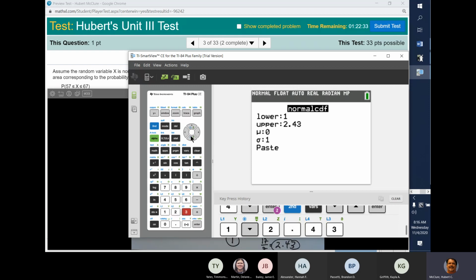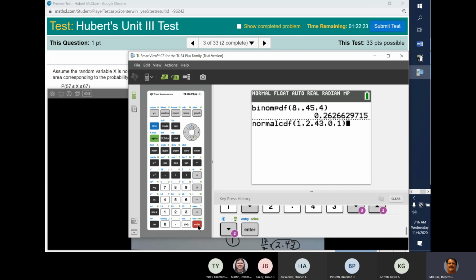This is if you've got an older calculator, because on the older calculators you can't change 0 and 1. Okay, I'll show you both of them. So there is my 0.1511. So that area in here is 0.1511, or a 15% chance.